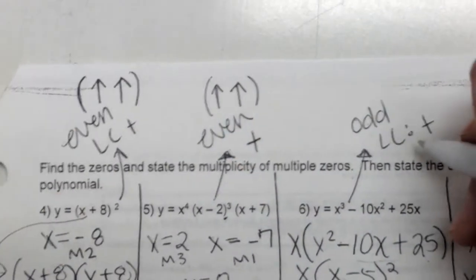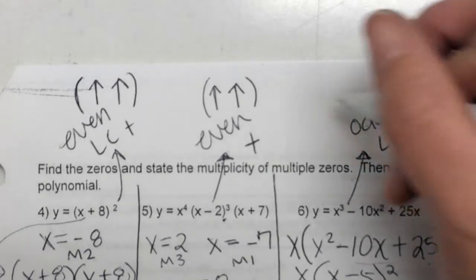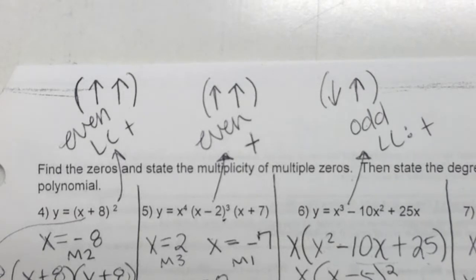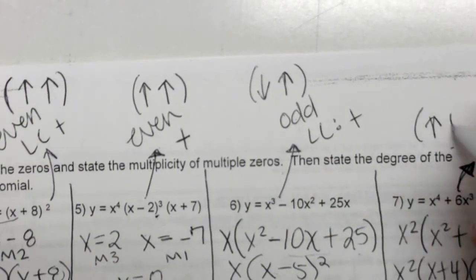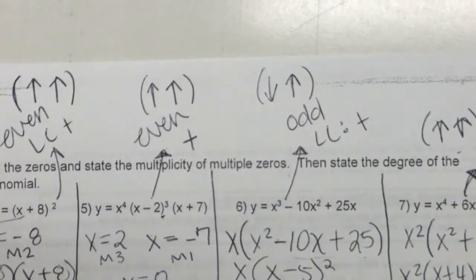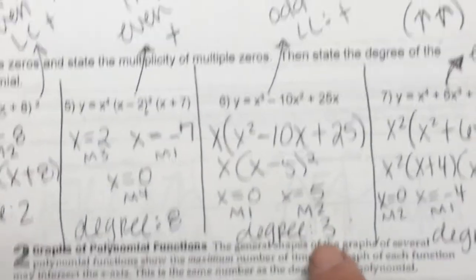This one's odd, so it's going to be opposite directions. It's positive, so we're going to start from the what? Bottom and go up. And then the last one, of course, is going to be what? Up, up. This one? Because the degree's 3. 3 is an odd number.